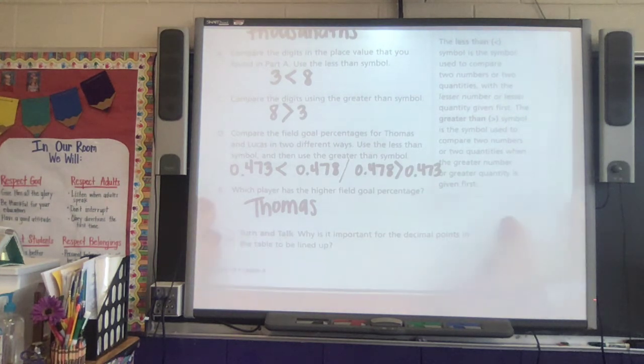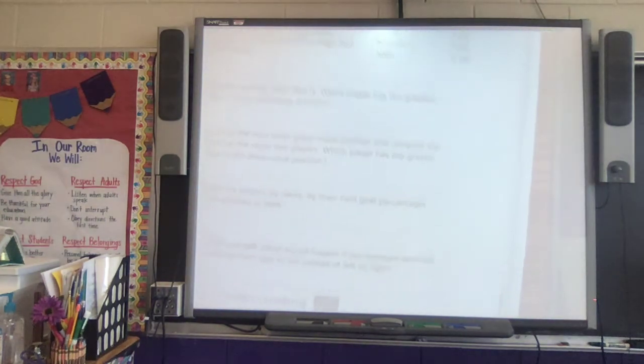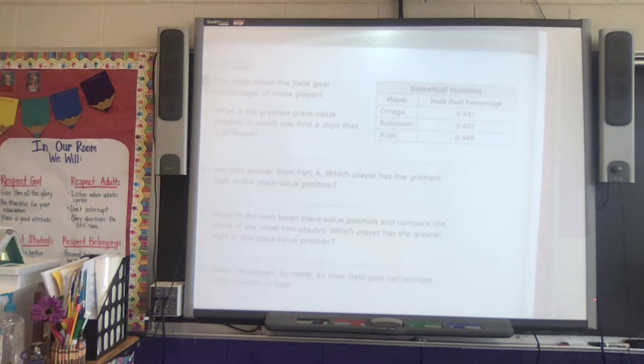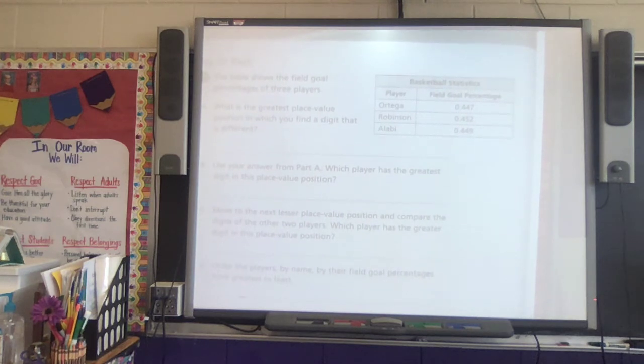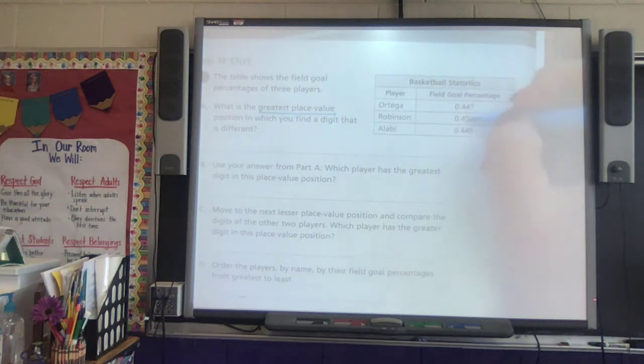Okay. Let's look at the next page. The table shows the field goal percentages of 3 players. What's the greatest place value position in which you find a digit that is different? Okay. So remember, the greatest place value, well, in this number, the biggest number we have is the ones, and they're all 0.